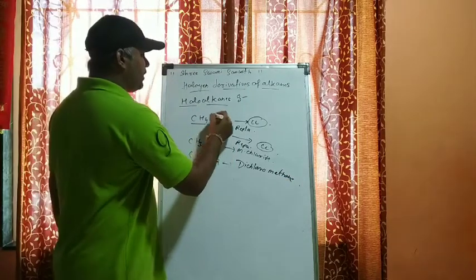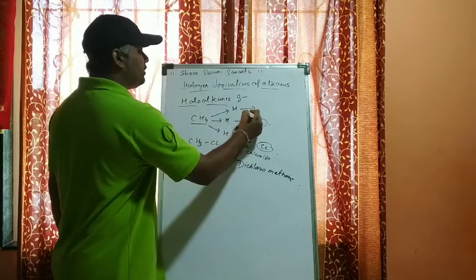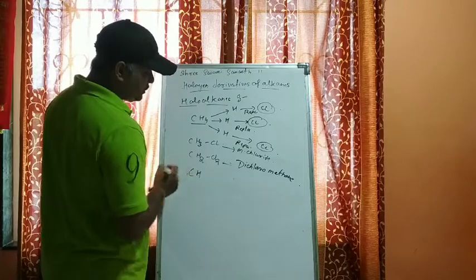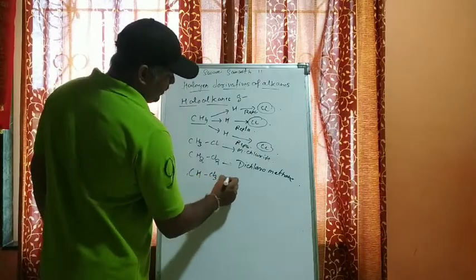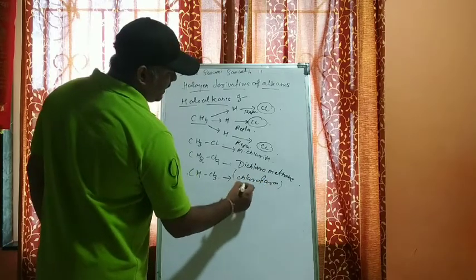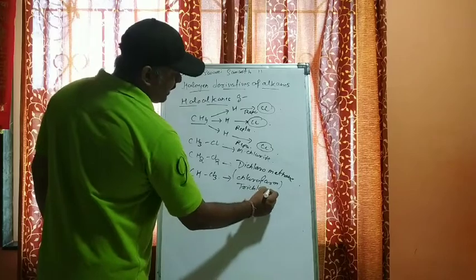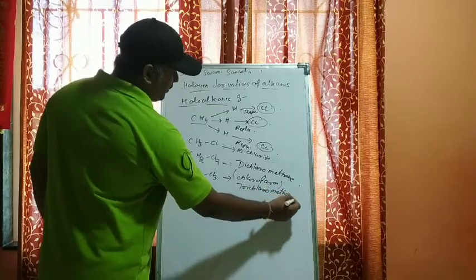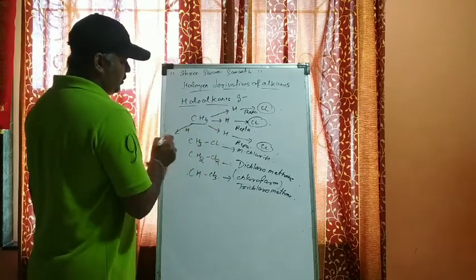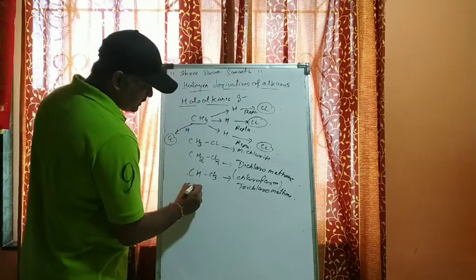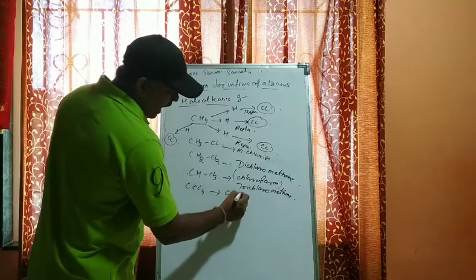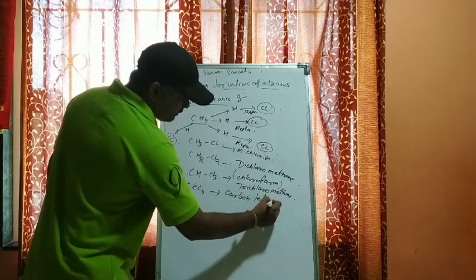Then when you replace one more hydrogen by chlorine, it becomes CHCl3. What is the name of this compound? Chloroform or trichloromethane. Right? Then when you replace one more hydrogen with a chlorine, it becomes CCl4. This is carbon tetrachloride.